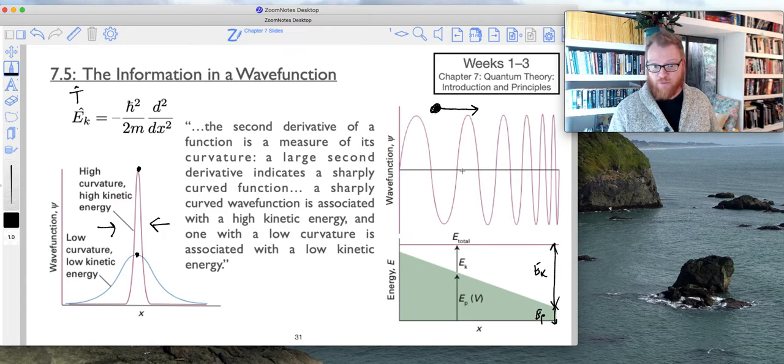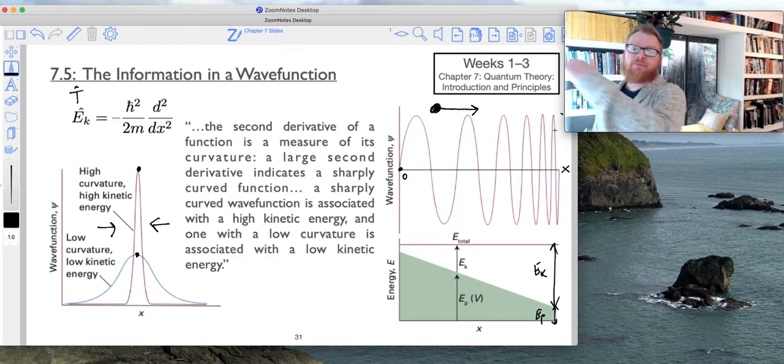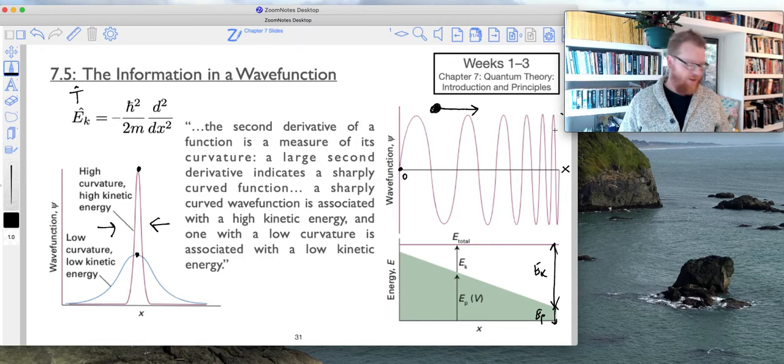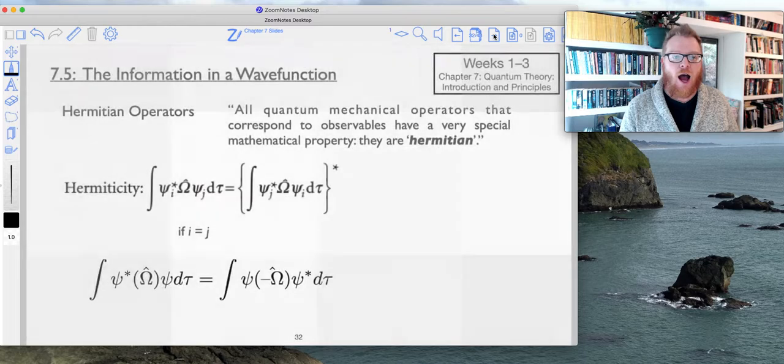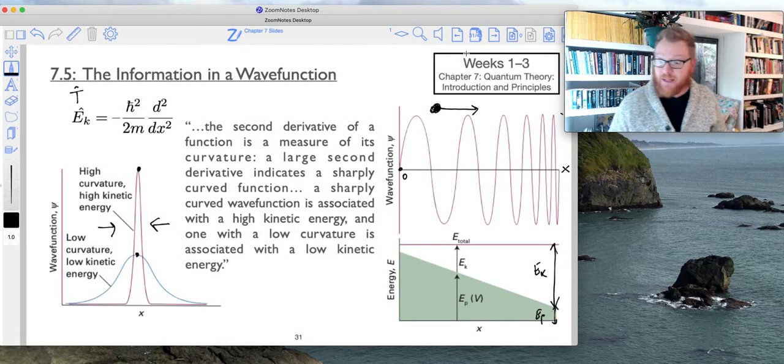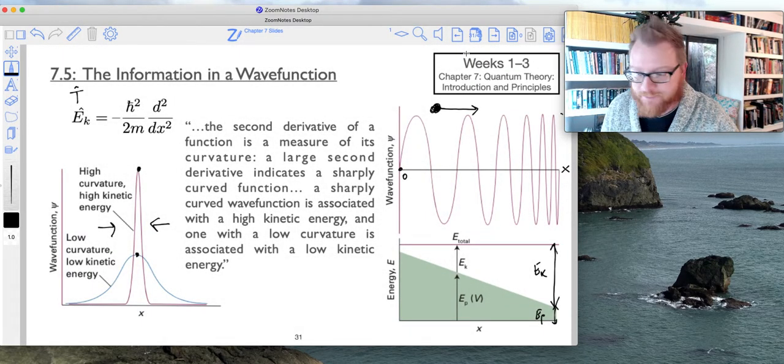So in this reference frame, where this is my x-axis distance and this is 0, the origin, a wave function with curvature like this would indicate, for one, a non-constant potential energy. And that would create a force on this particle, moving it in the direction indicated. Okay, very cool.